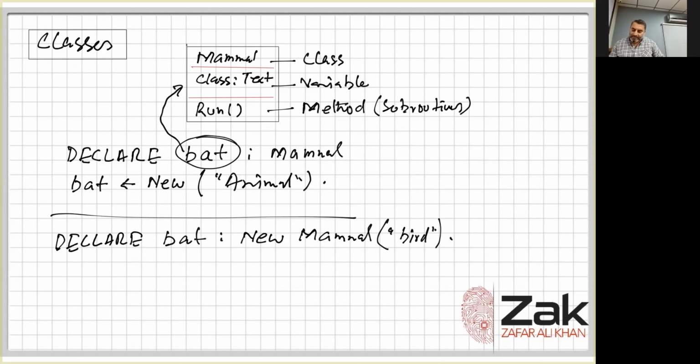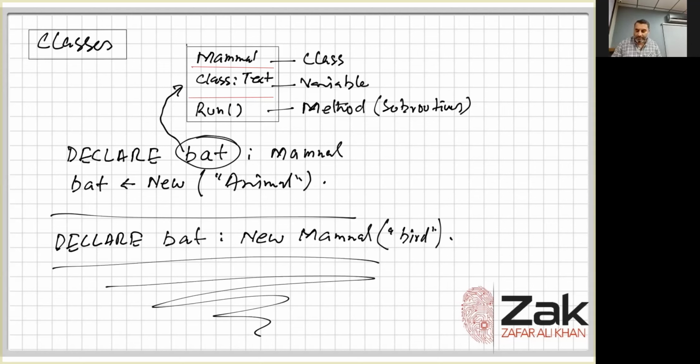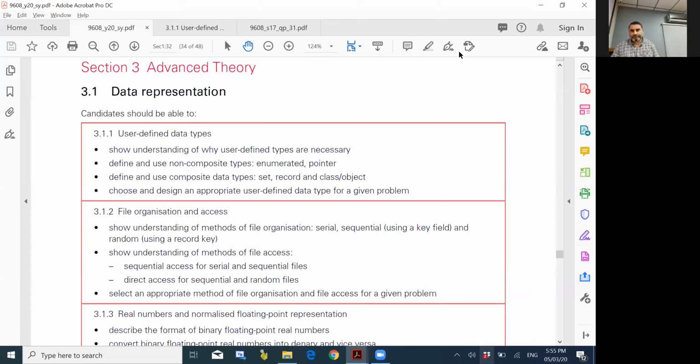So that's about it. We don't have to discuss a lot from the classes, just the definitions. Whereas in paper 4, we will be making more classes, or if you have an idea of it, we have already made several classes. So that's about it for section 3.1.1, user-defined data types.